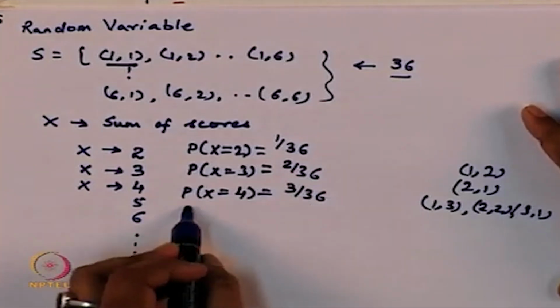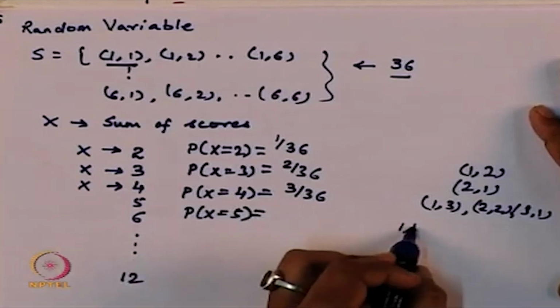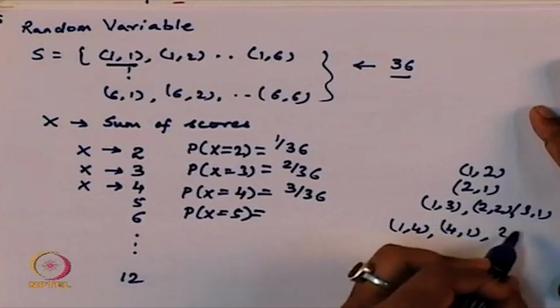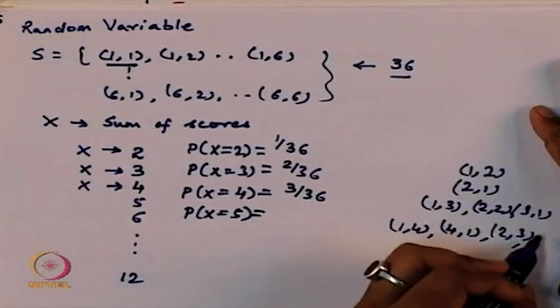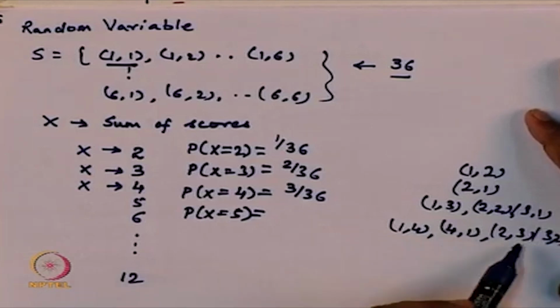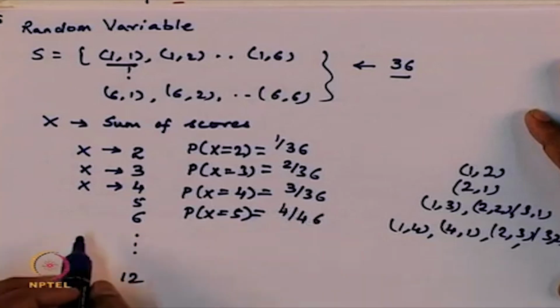Probability of x equal to 5: I have 1 4, 4 1, 2 3, 3 2. So this is 4 by 36.